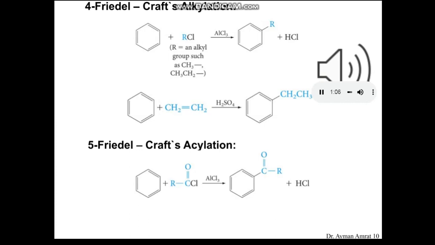While in the acylation process, acid chloride is used in the presence of AlCl3 catalyst to form the RCO+ group, which is the electrophile that attacks the benzene ring and replaces the hydrogen by the RCO acyl group substitution.